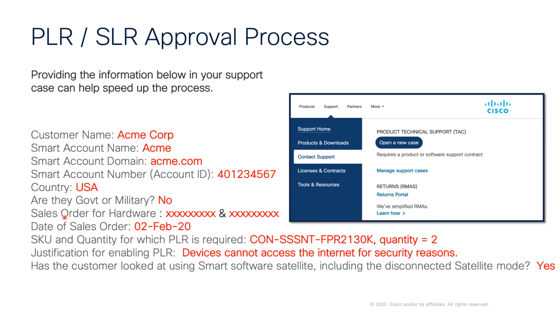Put in your sales order hardware numbers, the date of sales, and the SKUs that are required as well. And from a justification point of view, it could be something as simple as your devices cannot access the internet for security reasons. So fill in that information, and then you're away into the process of getting approval.